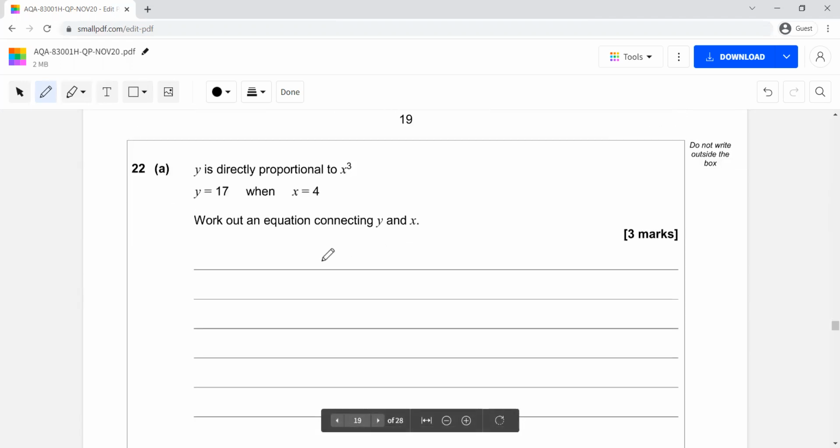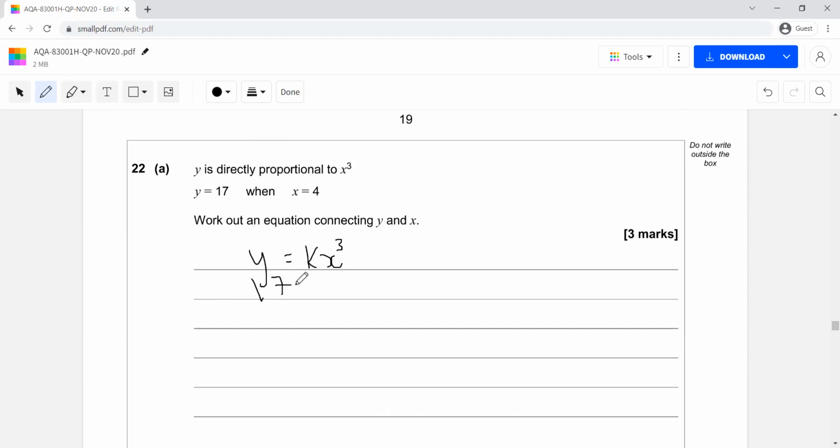Next question, 22a. Y is directly proportional to x cubed. Y is 17 and x is 4. Work out an equation for y in terms of x. So y is directly proportional to x cubed, so y is k times x cubed. When y is 17, x is 4, so 17 is k times 4 cubed.